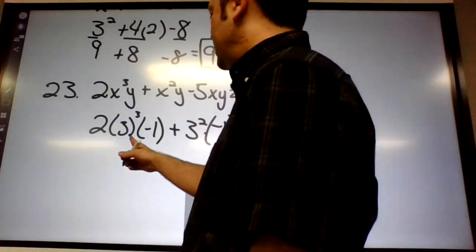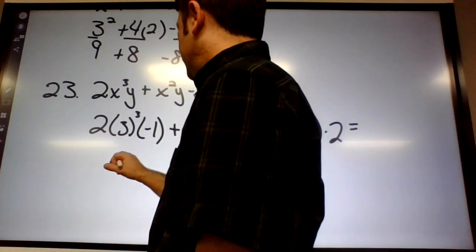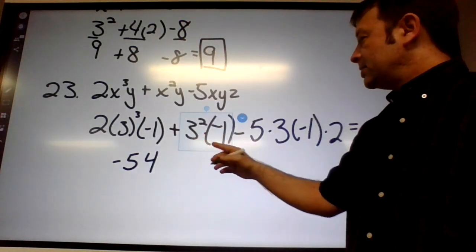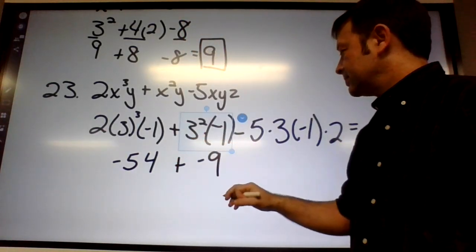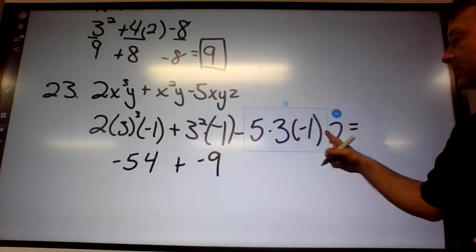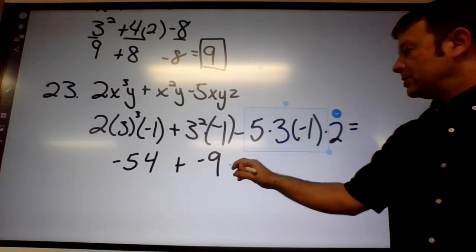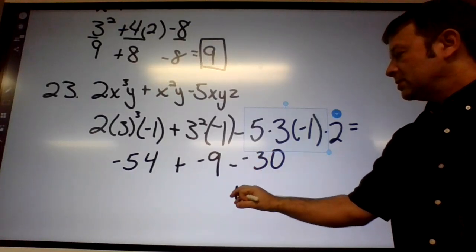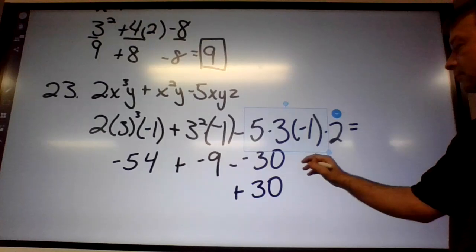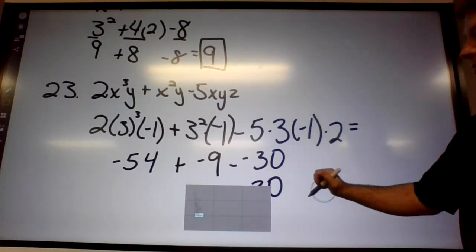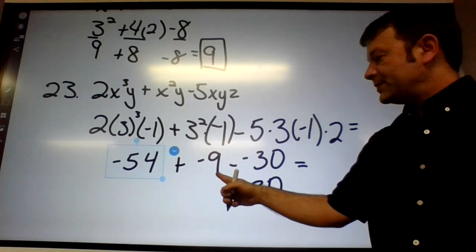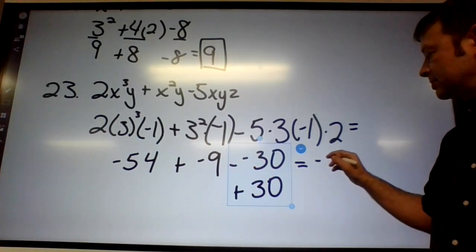This one's kind of a mess. 27 times 2 is 54. 3 squared is 9 times -1. 5 times 3 times 2 is 30 times -1. Okay, -54 minus 9, -63 plus 30.